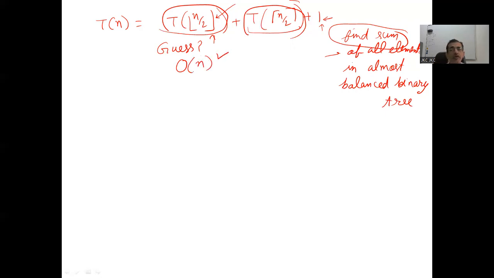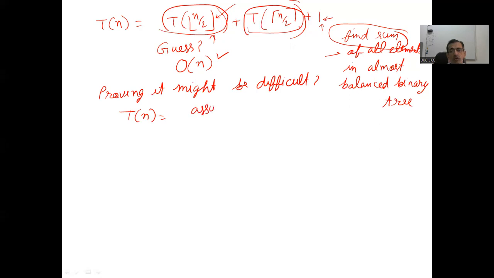So even if I am able to make a good guess, proving this might still become difficult. How? Let's see. Say I say T(n) equal to O(n), assume it correct.